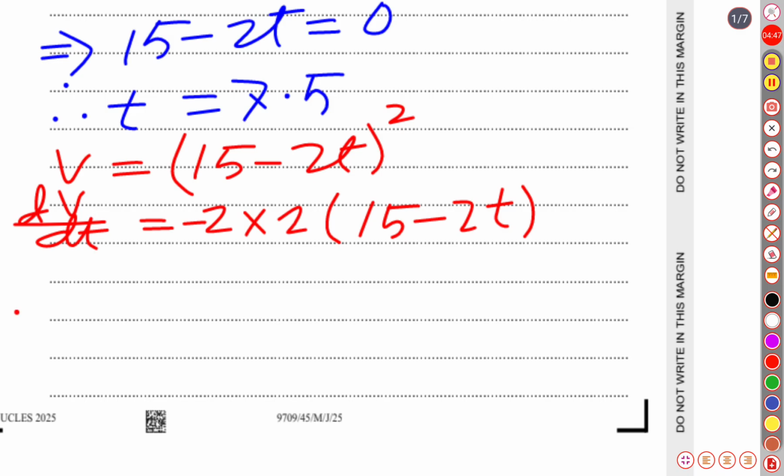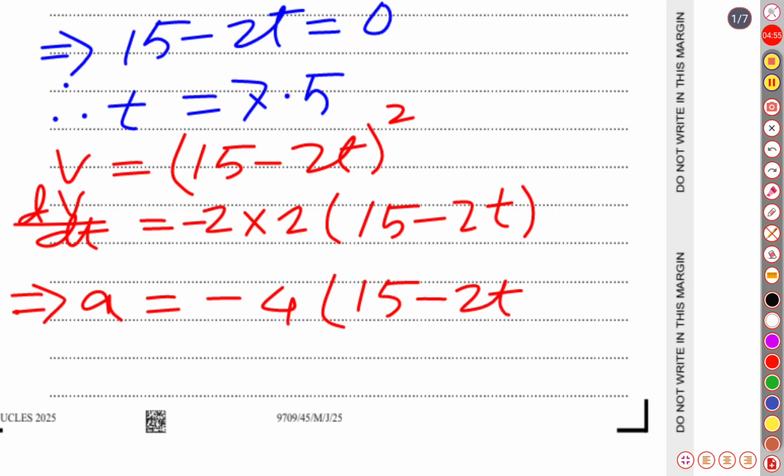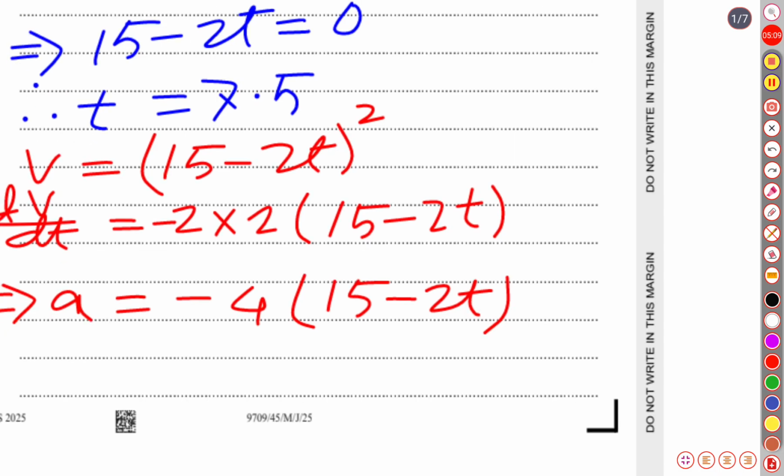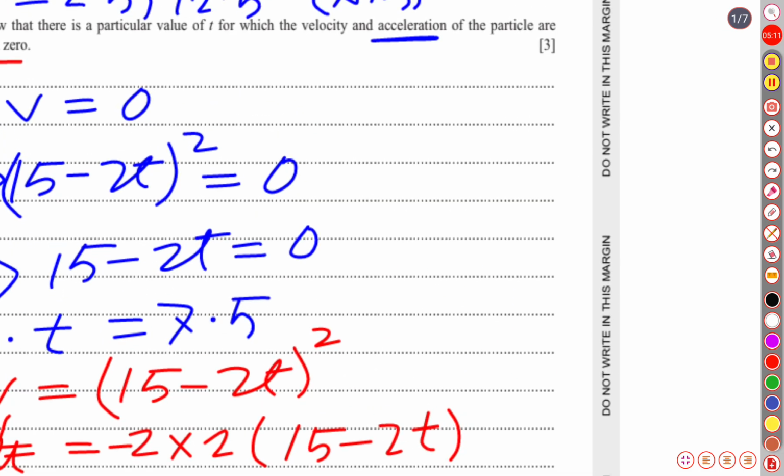Hence acceleration is equal to negative 4 into (15 minus 2t). Now let's go back to the condition. The condition was that acceleration and velocity of the particle are 0. So a is equal to 0.